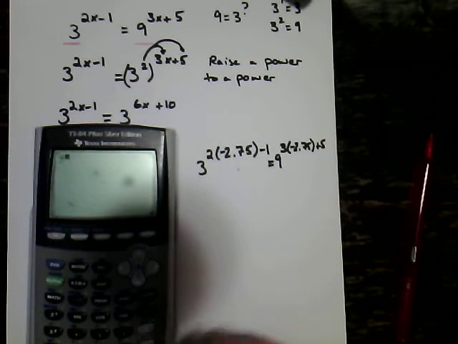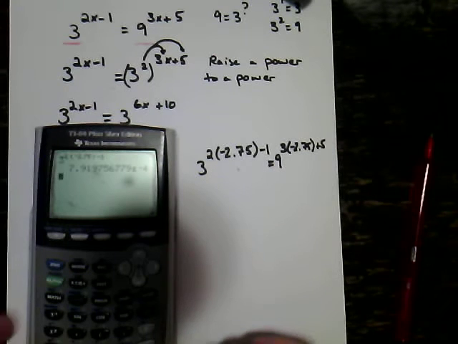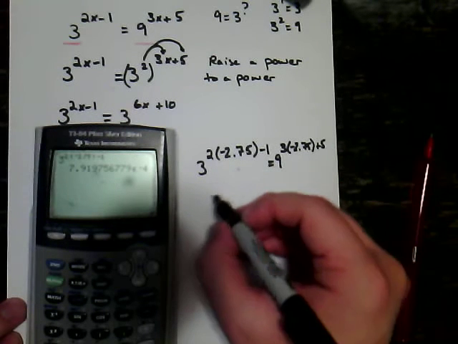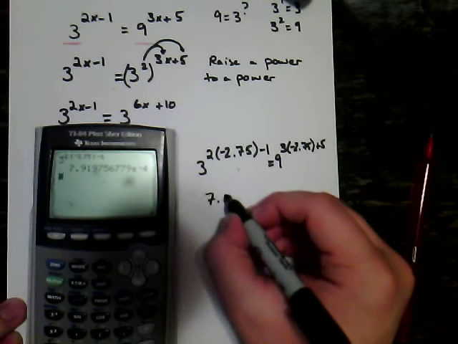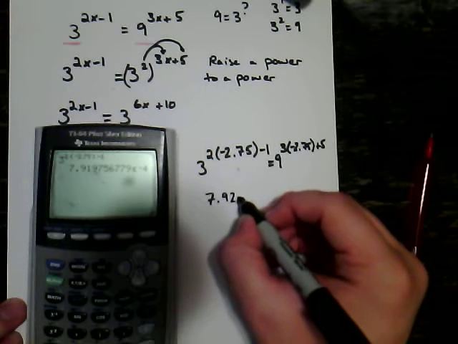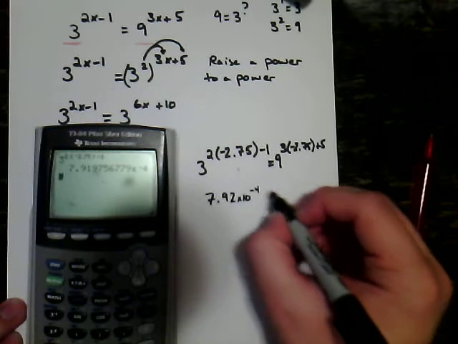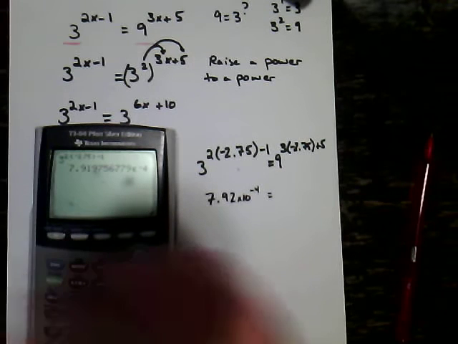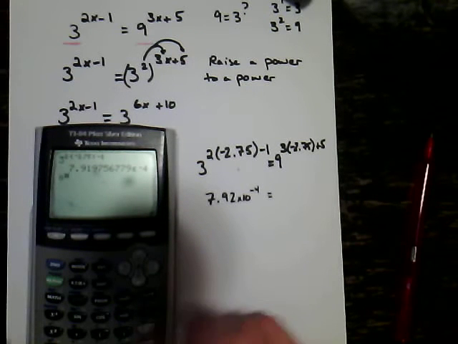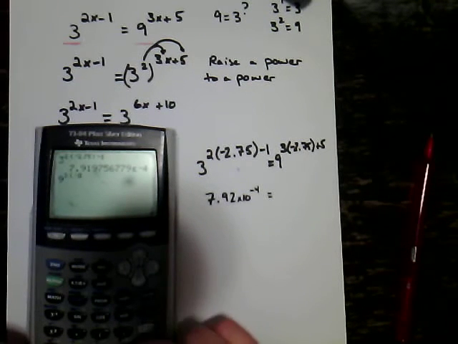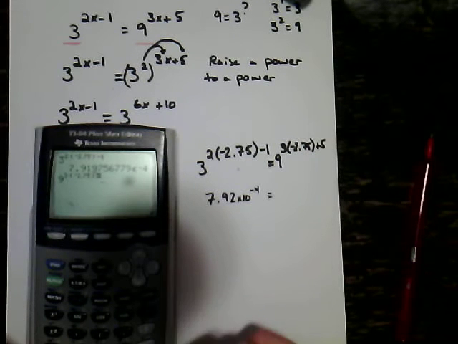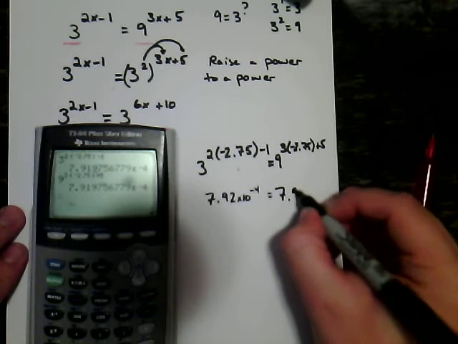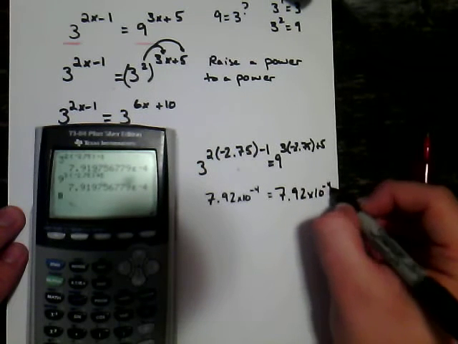Okay, so we've got 3 raised to the 2 times negative 2.75 minus 1. That's going to give us a real small number. 7.92 times 10 to the negative 4th equals, we'll do 9 raised to the 3 times negative 2.75 plus 5, which also gives us 7.92 times 10 to the negative 4th.